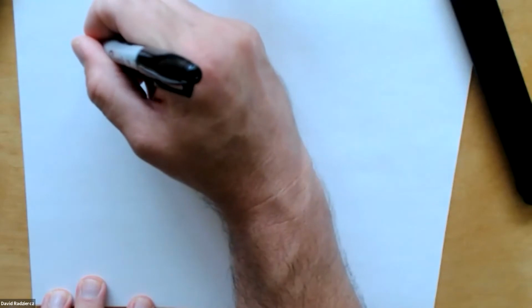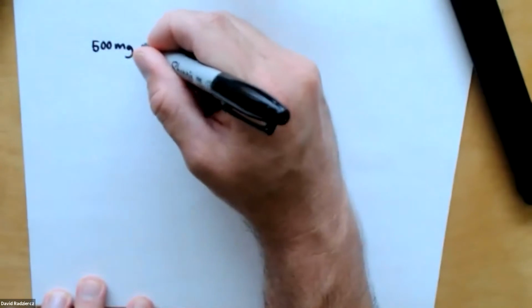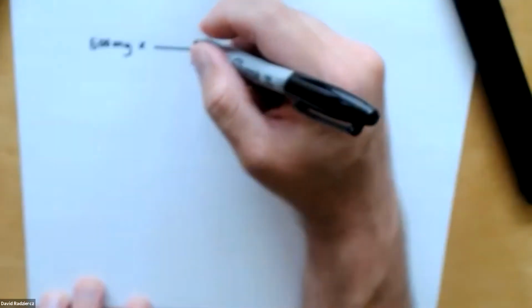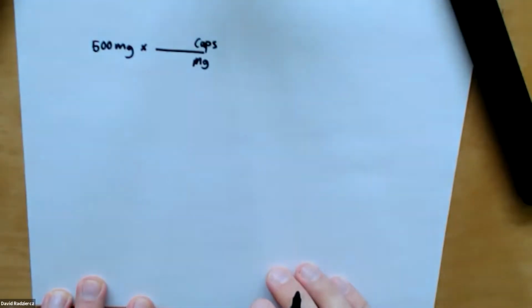The way I set something like this up is I always start with what the order is. So 500 milligrams. Then I start my dimensional analysis. I don't want milligrams, so I put that in the denominator. I do want to know capsules, so caps. I look at my label.